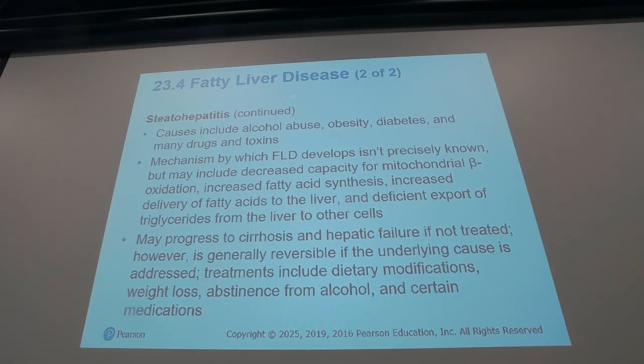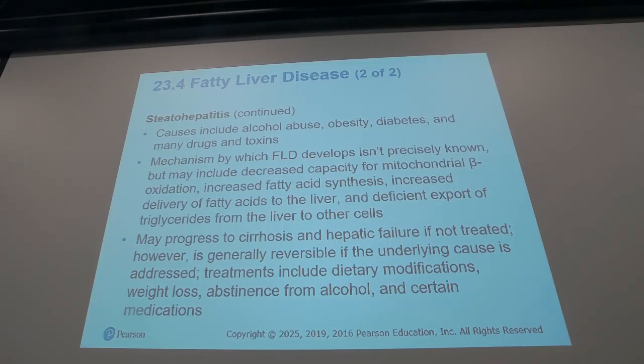So one of the common causes of fatty liver will be alcohol abuse, also obesity, diabetes, and many drugs and toxins that can damage the enzymes that can convert these nutrients into molecules that can be utilized by other tissues.